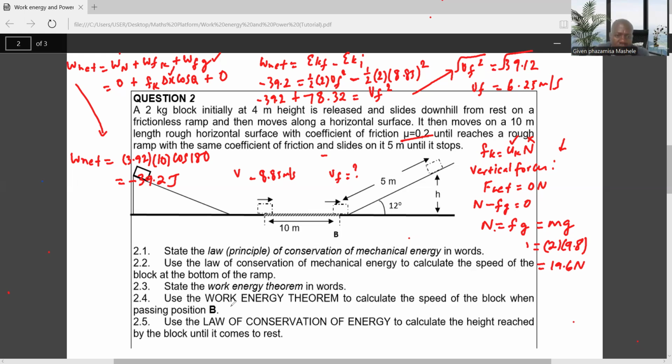Now it says use the law of conservation of energy to calculate the height reached by the block until it comes to rest.